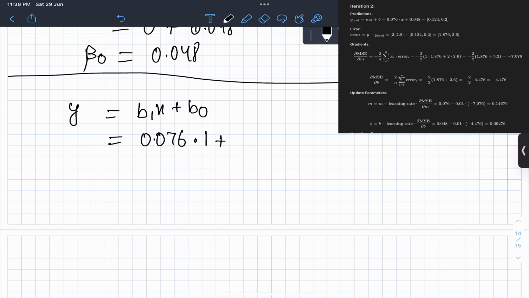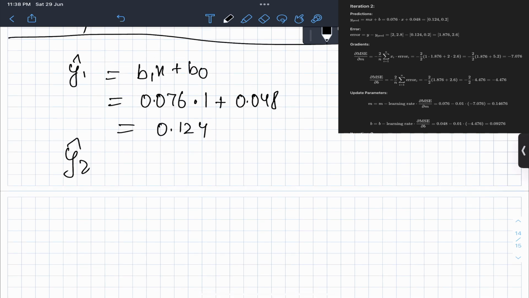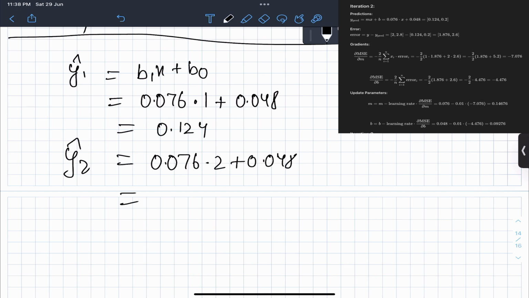Into 1 plus 0.048. It will be 0.124 for this, which is the new one. Now y had 2. Again for the next, 0.076 into 2 plus 0.048, which will be nothing but 0.2.